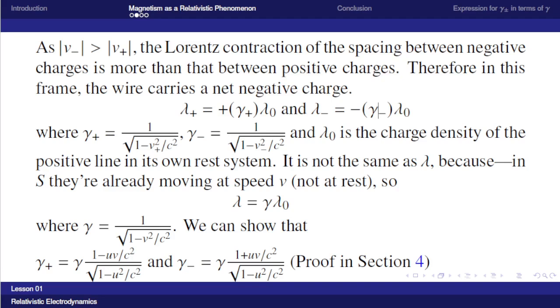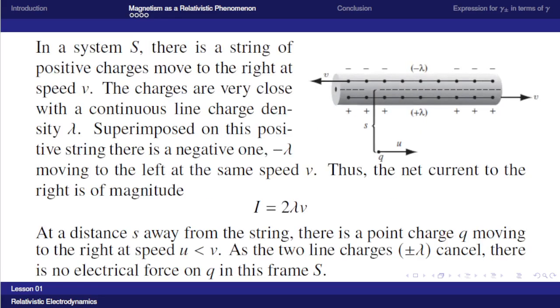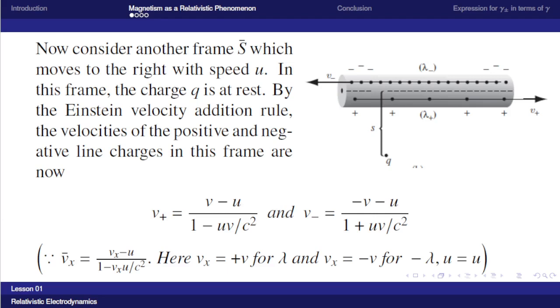And in this expression, there is a lambda 0. This lambda 0 is the linear charge density of the respective charges in their own rest frame. That is the important point. In their own rest frame means, now we have considered only two frames. The first frame is S frame, in which these two charges are moving with the velocity V. And the second frame is S bar frame.